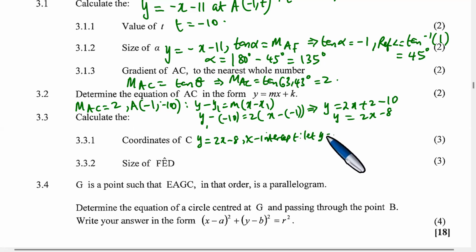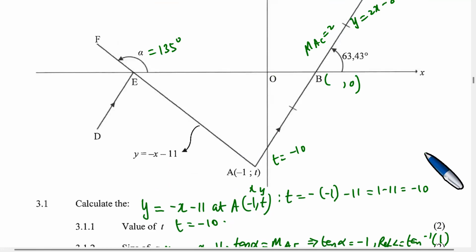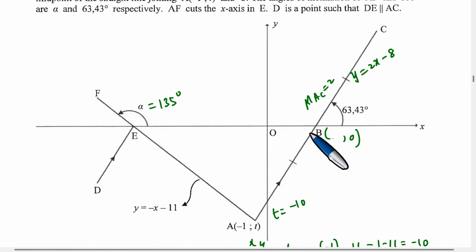You let y be equal to 0. If y is 0, you have 0 equals 2x minus 8. And this means 2x is equal to 8. Divide by 2, both left and right, dividing 8 by 2, we get x equals 4. And this is x at the point B, the x-intercept we are looking for. Okay, if this is x at B that we just got, so we come here and we put x at B is 4.